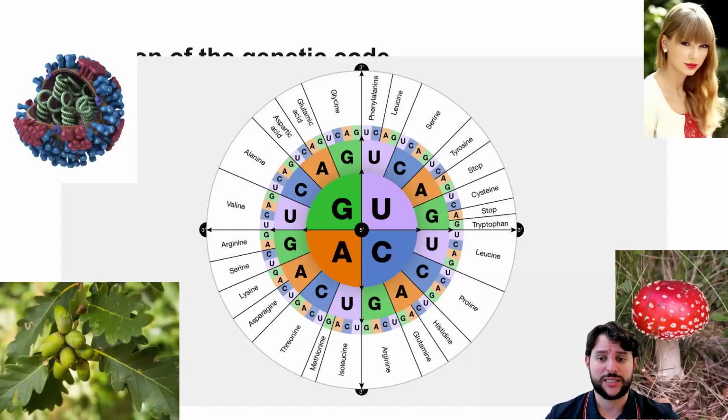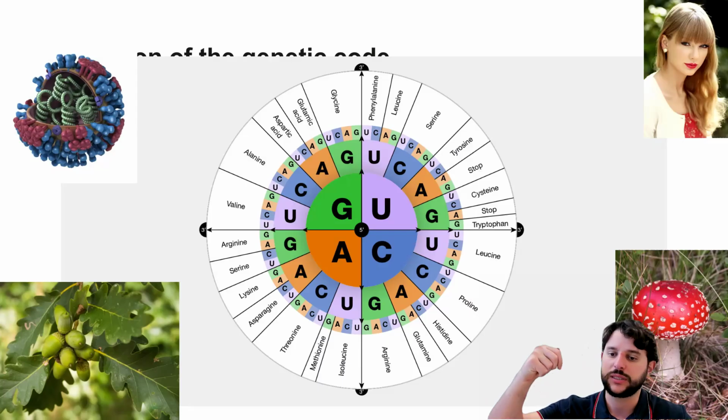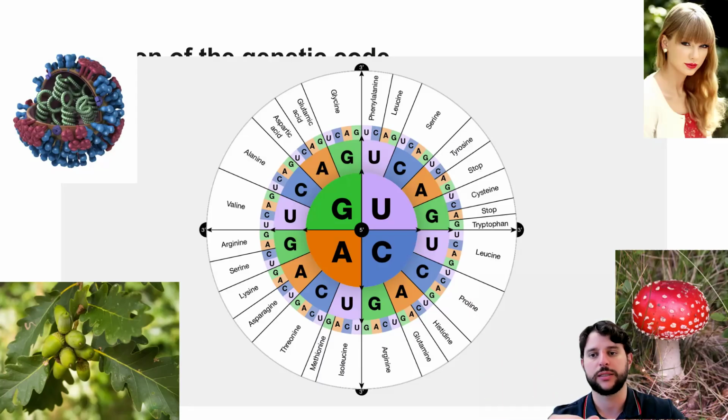And we also have the genetic code. You're going to study this later when we talk about mutations, when we talk about protein synthesis. But just to touch on this, the genetic code is a set of rules that biological organisms, even viruses, use to produce the proteins. Okay, it's a series of triplets of letters in the DNA and RNA that code for a specific amino acid, one of the 20 amino acids. What matters for now is just to understand that all life is based on these codes.